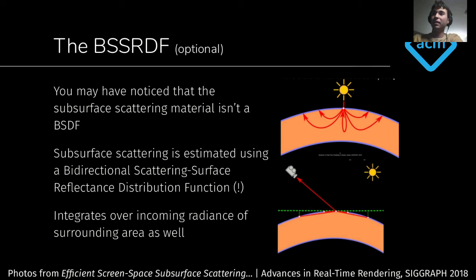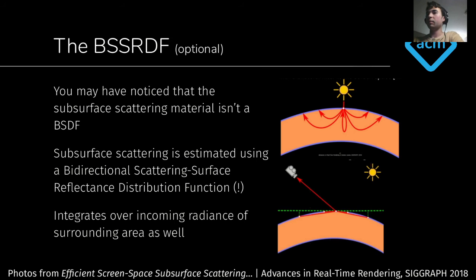This BSSRDF encompasses the idea that light doesn't leave exactly where it hit the surface. Sometimes, as you can see in the right photo, it goes in, scatters around under the surface and then comes out. We can model this from the camera's perspective by tracing the ray from the camera to the surface, picking a bunch of points around the hit point and calculating the same rendering equation at those points.